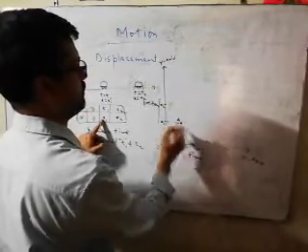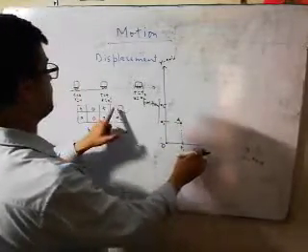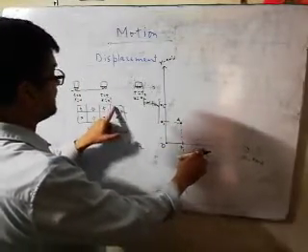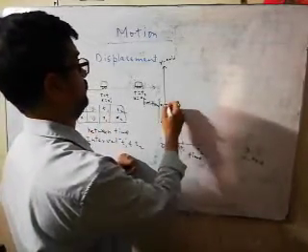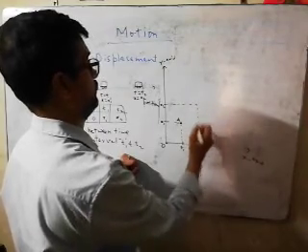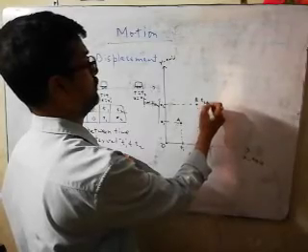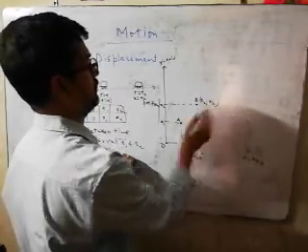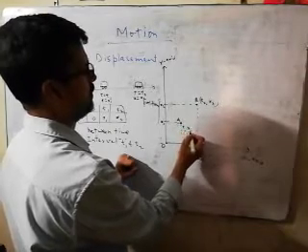So this is the initial position. Now at time t2, the particle was at x2. Time t1, particle was at x1.